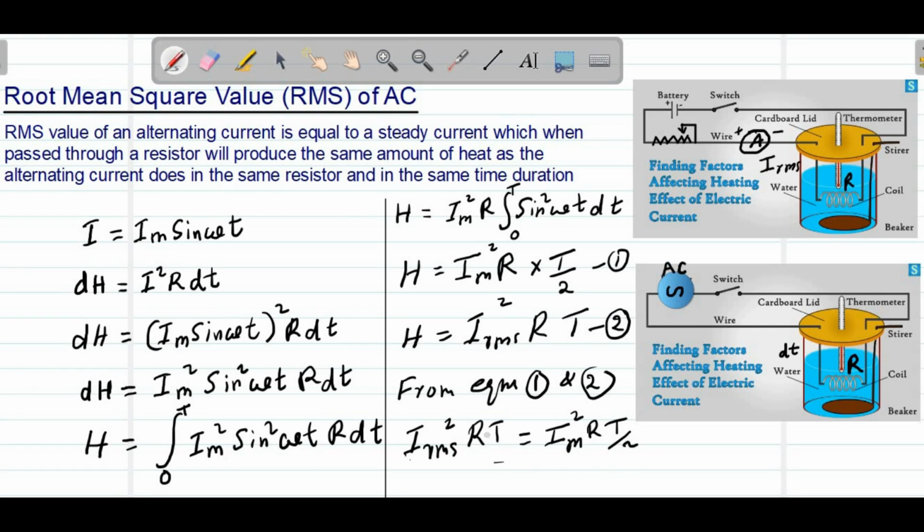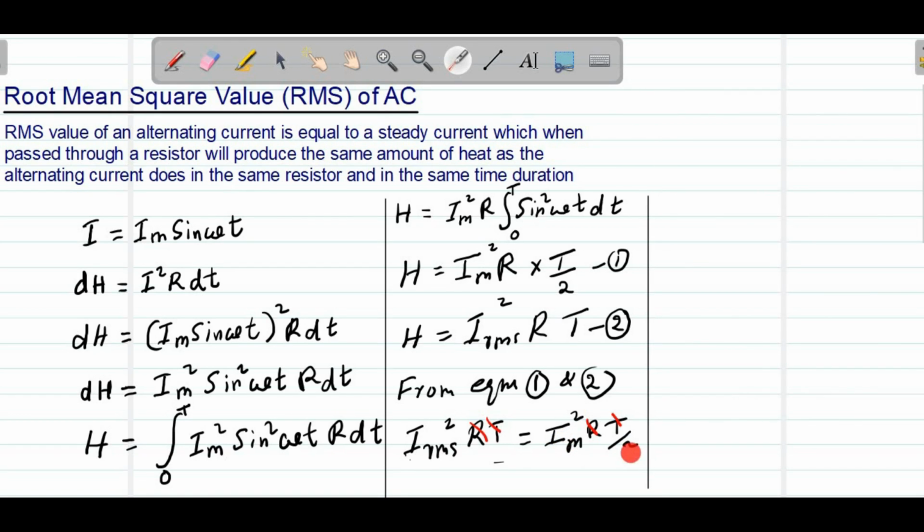Now here we can see this R will get cancelled, this T will get cancelled. Now what is remaining? IRMS square is equal to Im square by 2. RT cancel. So we can write IRMS square is equal to Im square divided by 2.